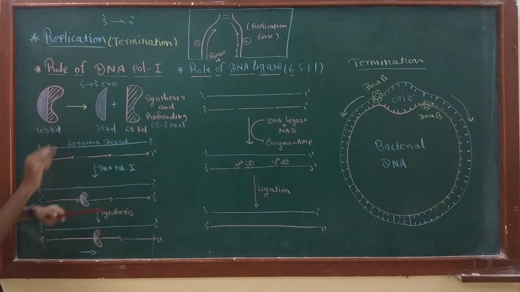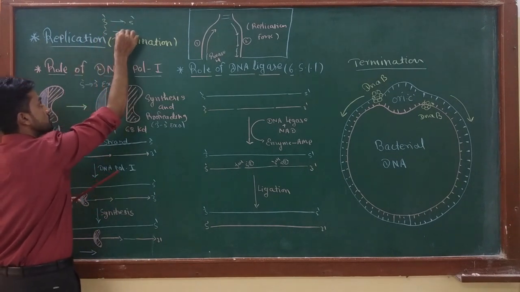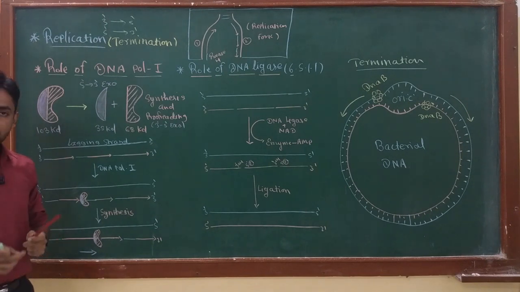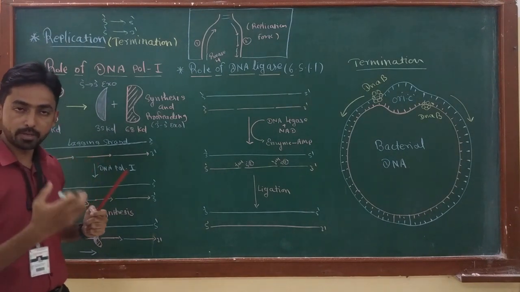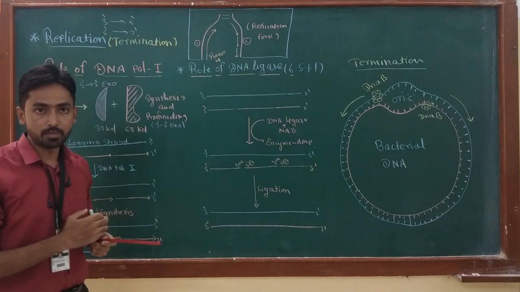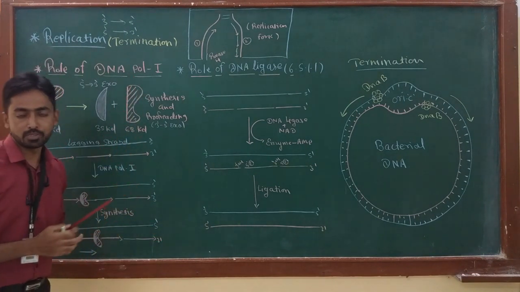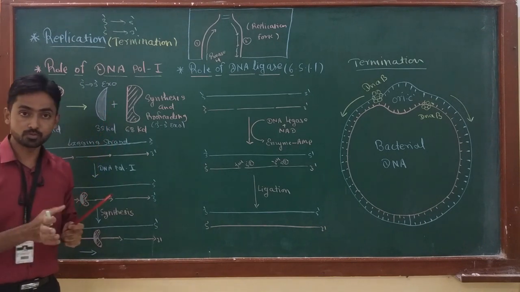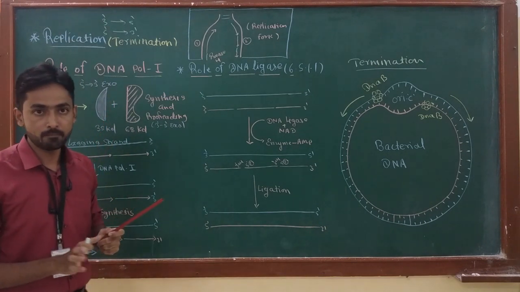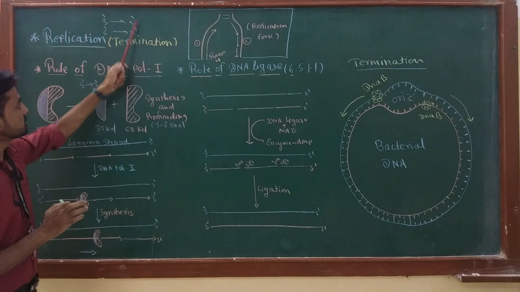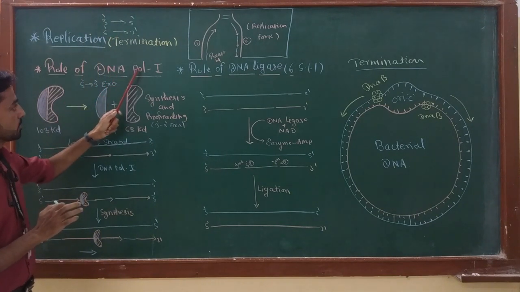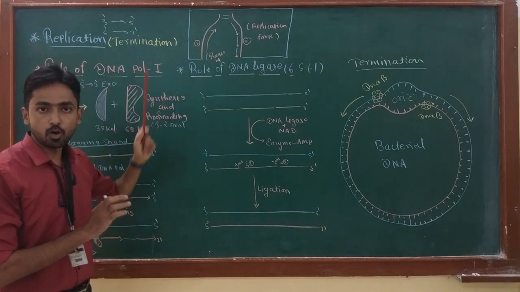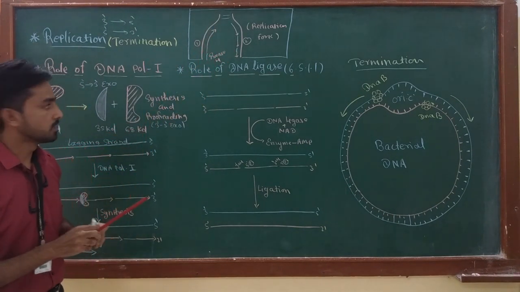And this enzyme also has 5' to 3' exonuclease activity, that means it can also remove bases in the 5' to 3' direction. This is the unique property present in DNA polymerase 1, which is absent in polymerases 2, 3, 4 and 5. This ability is mainly used by DNA polymerase 1 for removing the primers present on the leading and lagging strands.